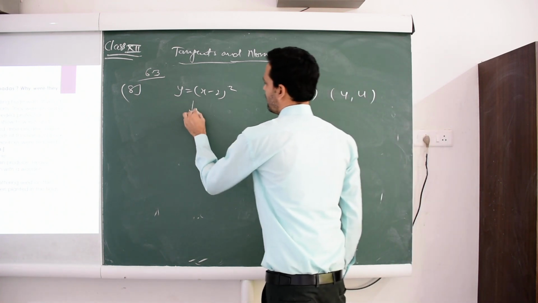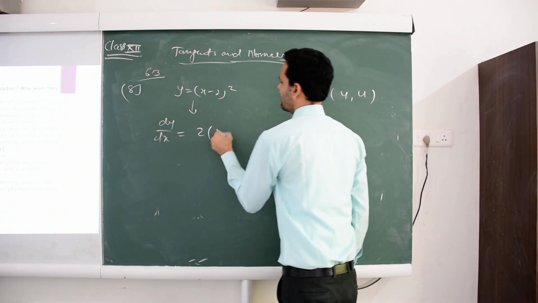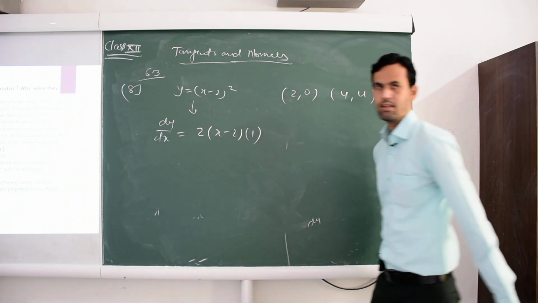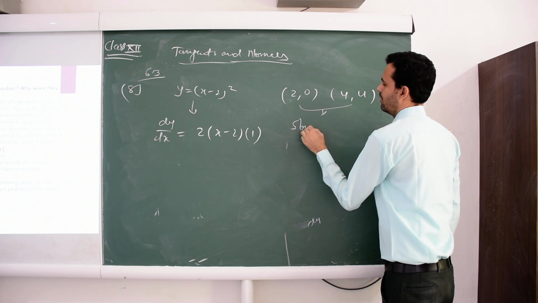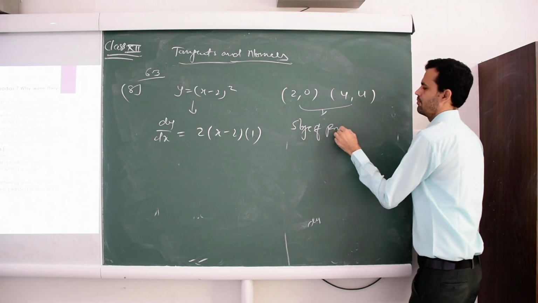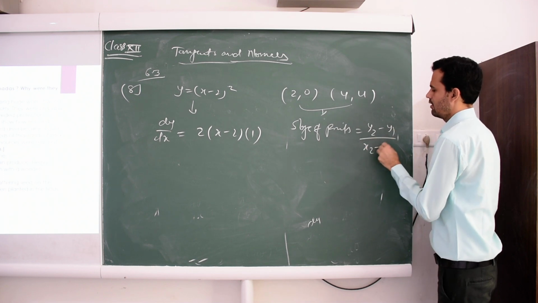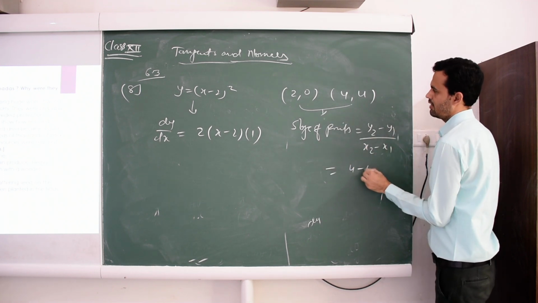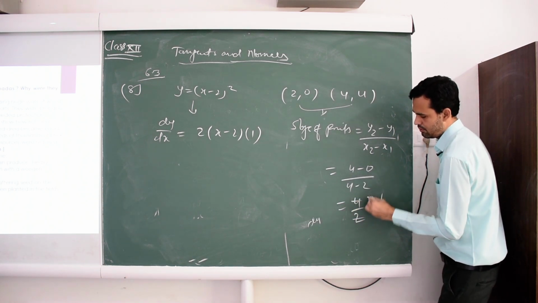First we take the differentiation: dy by dx is 2 into x minus 2 into 1. For the two points, the slope is y2 minus y1 upon x2 minus x1, so it's 4 minus 0 upon 4 minus 2. So 4 upon 2, it's 2.